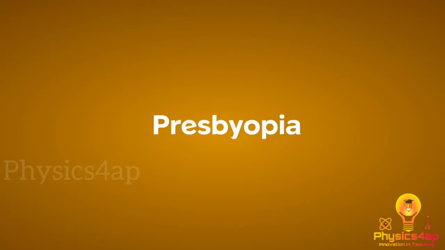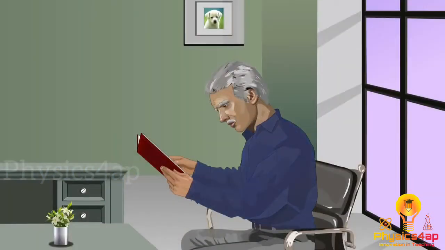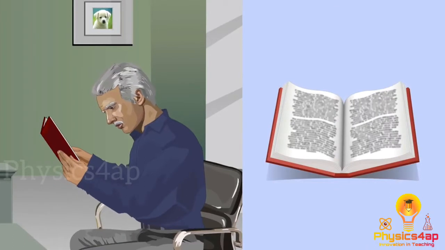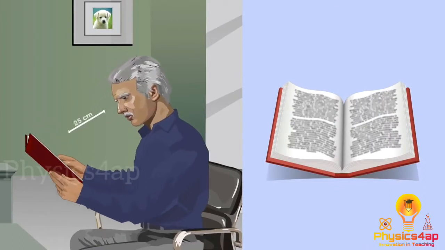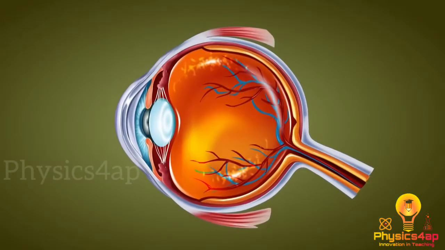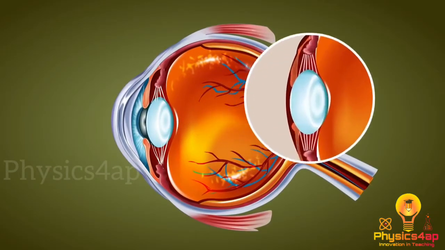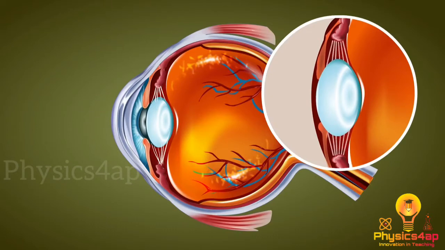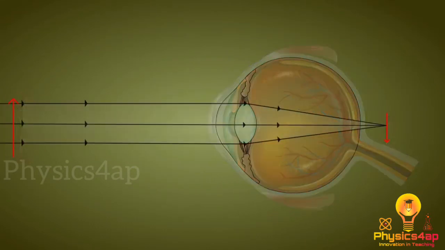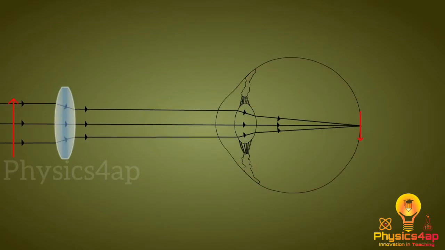Presbyopia: persons who become aged cannot read anything present in their book, and not even far away objects. Due to the overstretching of the eye lens, it gets weakened and they cannot see the objects.